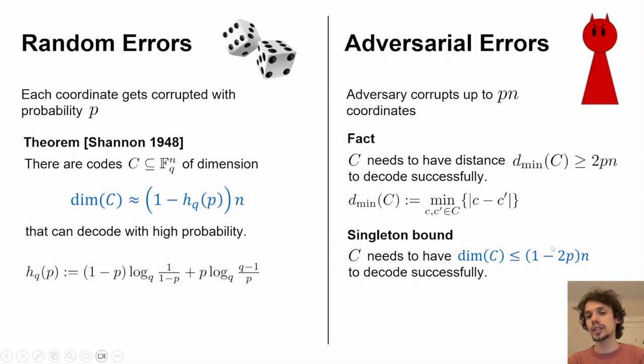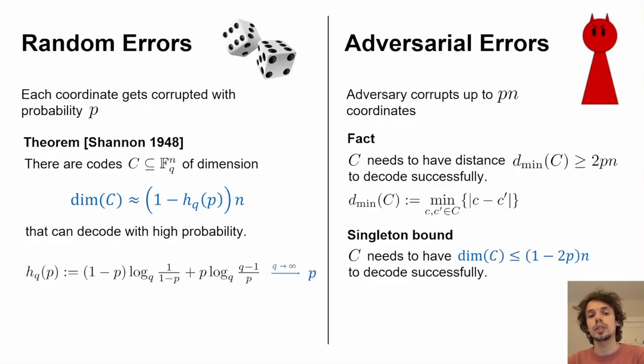Now, one consequence of this fact that the minimum distance needs to be at least 2pn is what's called the Singleton bound, which says that any code C that can recover from pn adversarial errors needs to have dimension at most (1 minus 2p) times n.